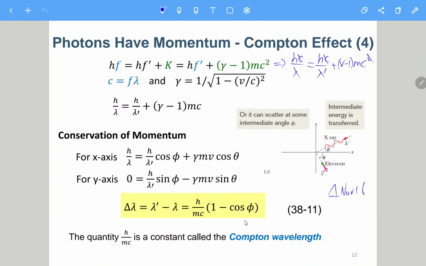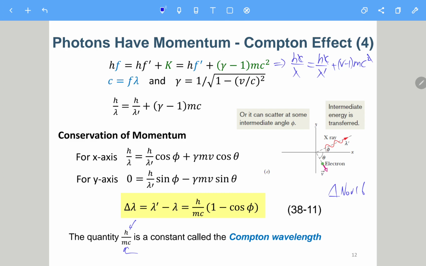And here we call the h over mc to be the quantum wavelength. It is actually a constant for a specific particle because h is a Planck constant, which is 6.63 times 10 to minus 34. And then c is the speed of light, also a constant.